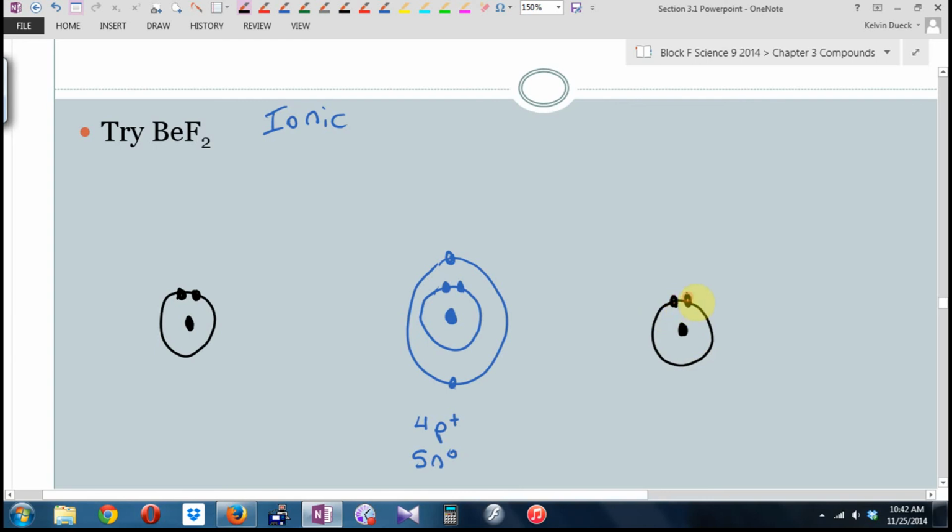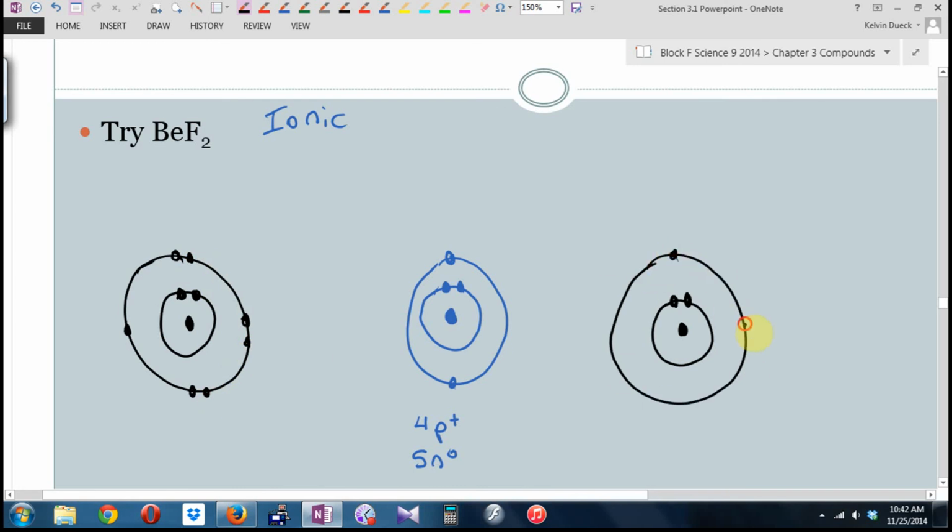Write this down. How many electrons does fluorine have in its valence shell when it's a neutral atom? So it's going to be 1, 2, 3, 4, 5, 6, 7.